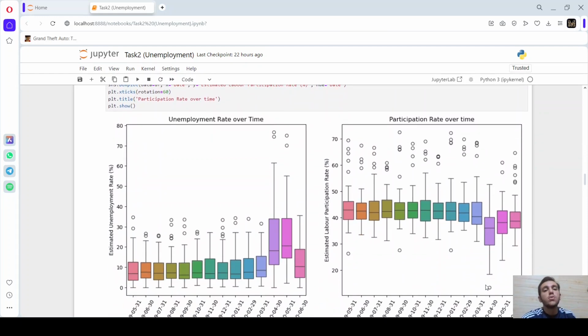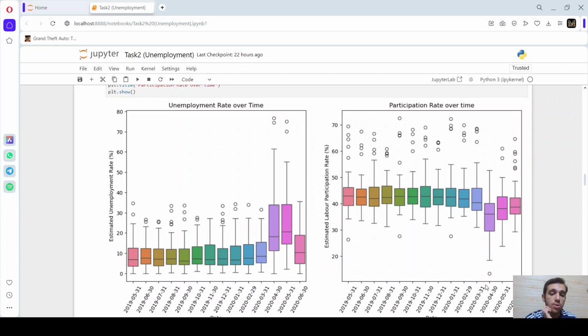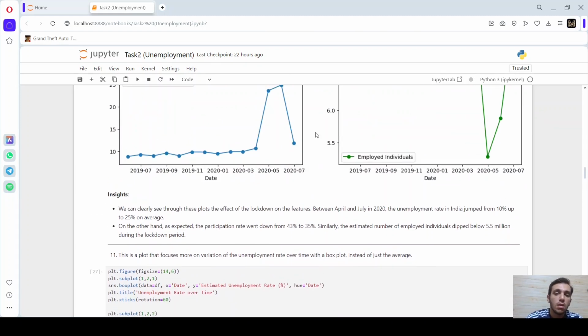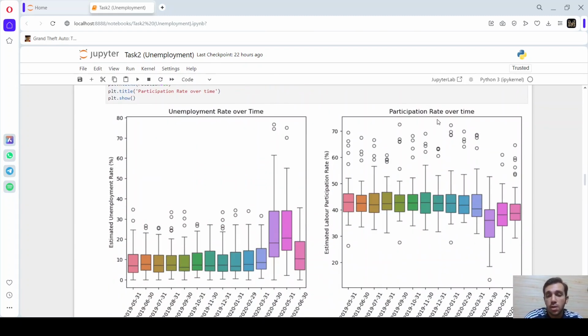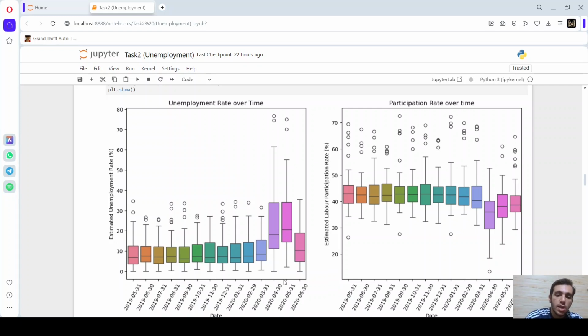So here we're going to take a box plot also about the unemployment rate and the participation rate over time, so we can focus more on the distribution, not just on the mean of the unemployment rate and the participation rate over time. As we can see here, in April and May, the unemployment rate went higher, and even the distribution became larger, and we can see that there are some outliers between 70% and 80%.